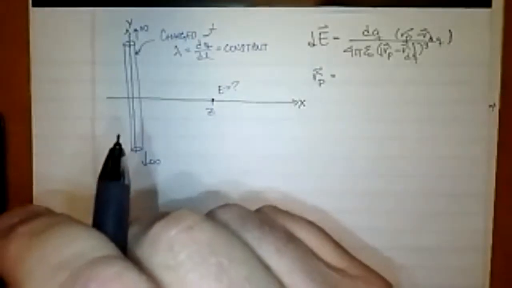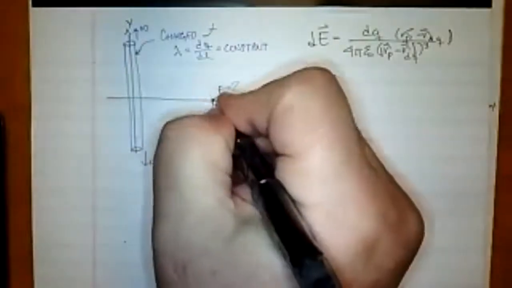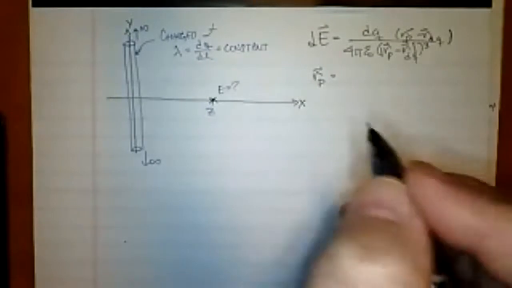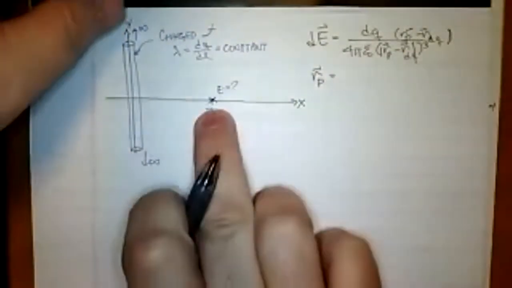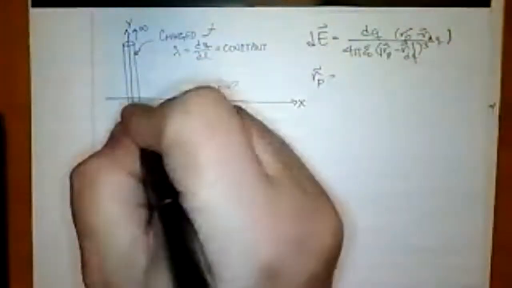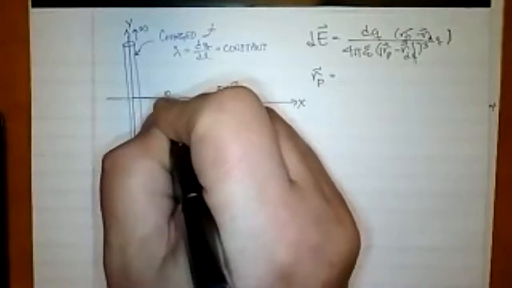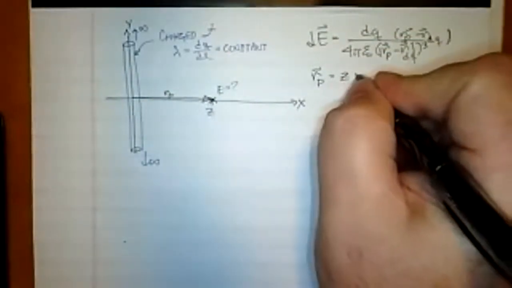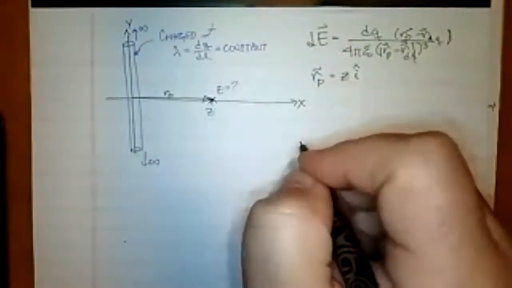Yes, but do you see where P is on this diagram? That little dot right there. Oh, it's just the X value then. Sorry, it is still kind of blurry so it's hard to see. Yeah, that might be an issue too. So if you look here, this is really where P is. So rp is this vector right here, and I think y'all can now tell that that would just be z i hat, where z is a constant.